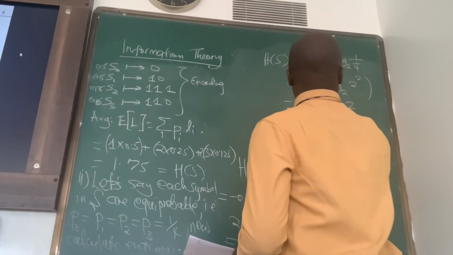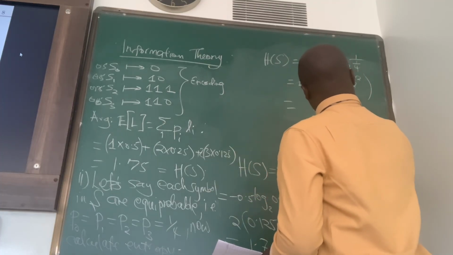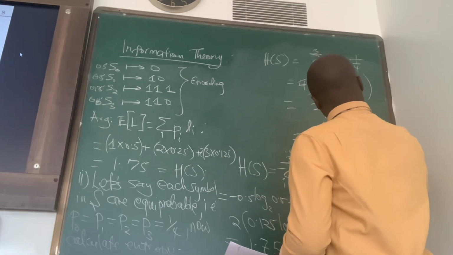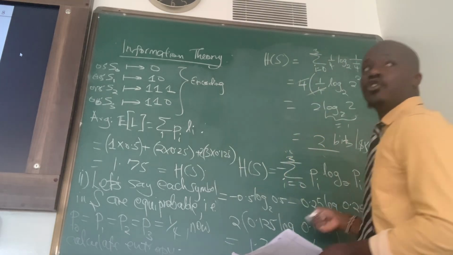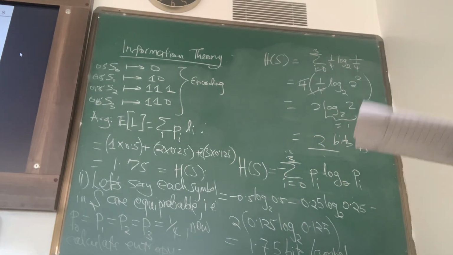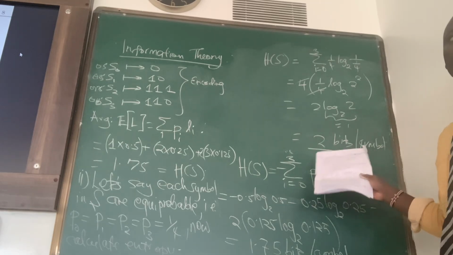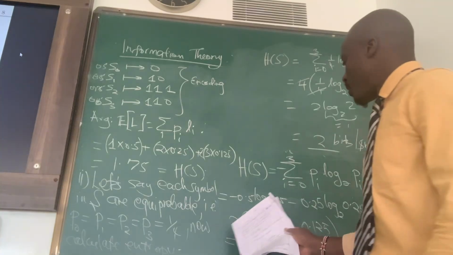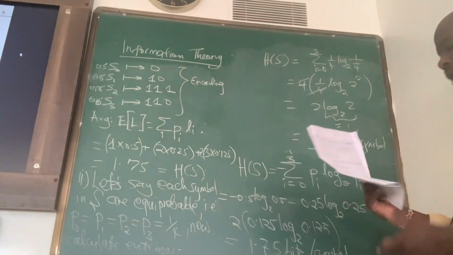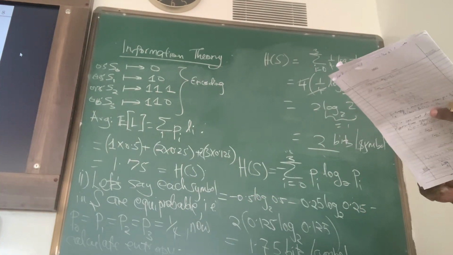So our answer is just 2 bits per symbol. So you are seeing that when they all have the same probability, we are getting a higher entropy.